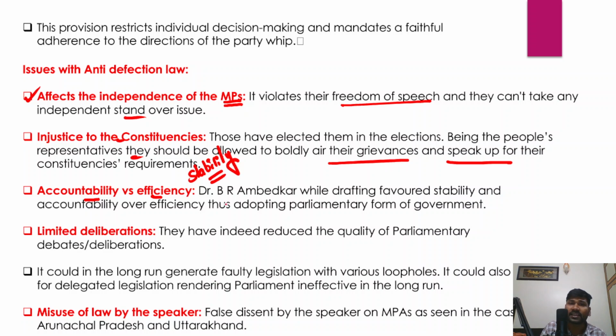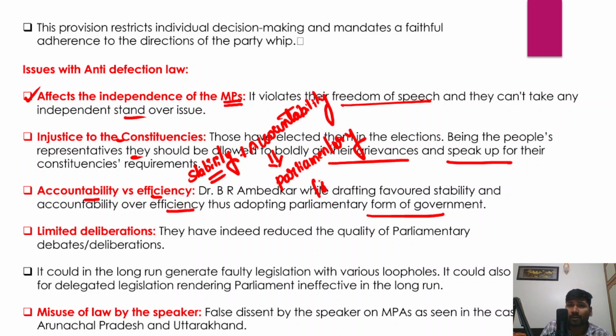In fact, he favored stability plus accountability over efficiency, thus adopting the parliamentary form of government. Thereby India has adopted the parliamentary form of government. A parliamentary form of government may not be efficient, but it would be more accountable.